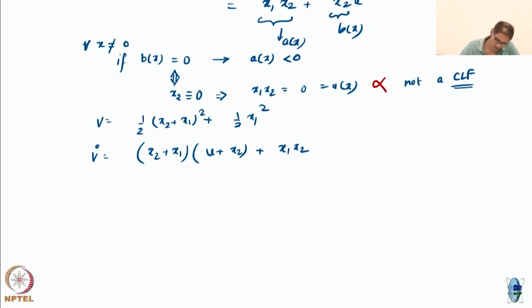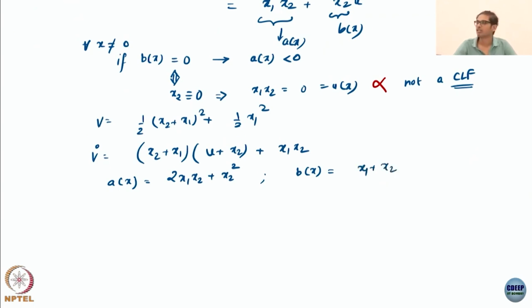Right. So what is the Ax in this case? Ax is x1 x2, twice x1 x2 in fact, plus x2 squared. Okay. And Bx is x1 plus x2. Okay.